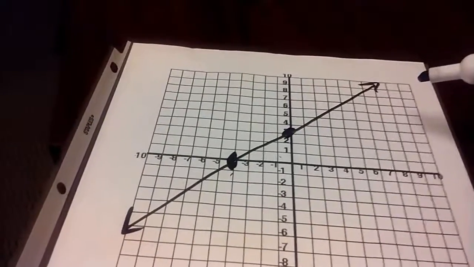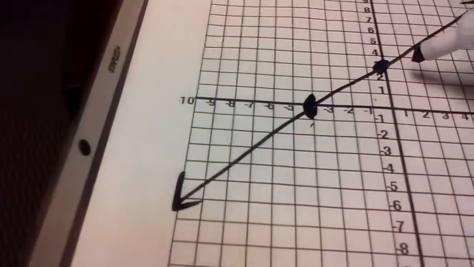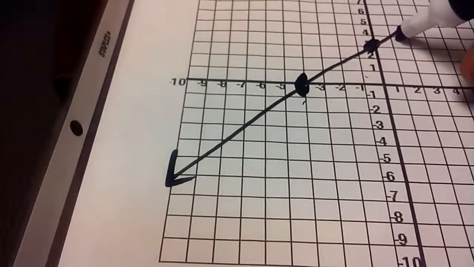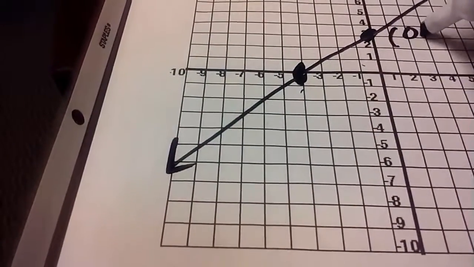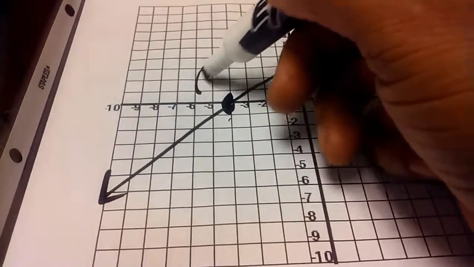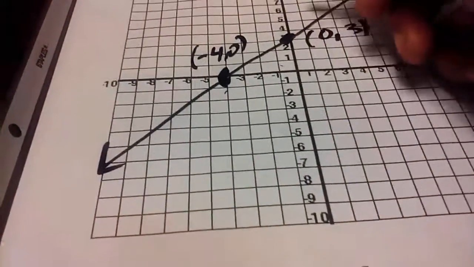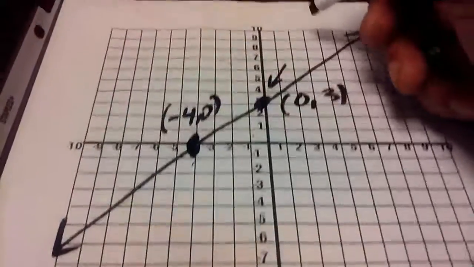This is the equation of our line, which we know has this ordered pair, 0, 3, as the y-intercept, and over here this point, negative 4, 0, is the x-intercept.